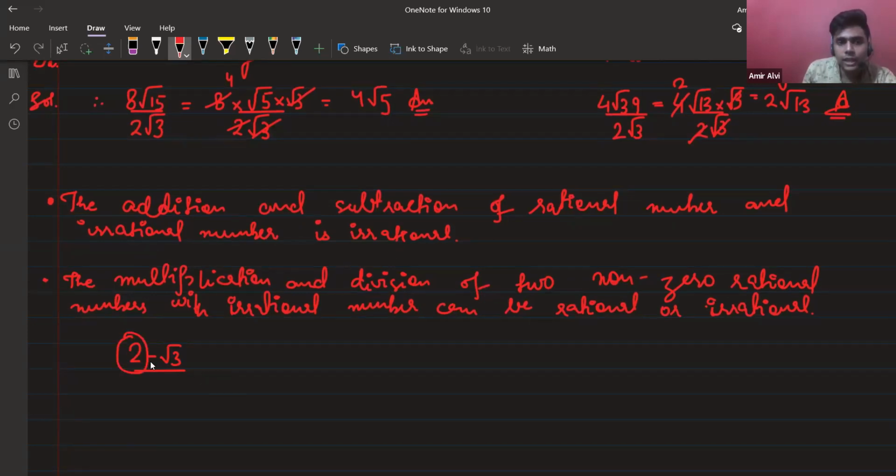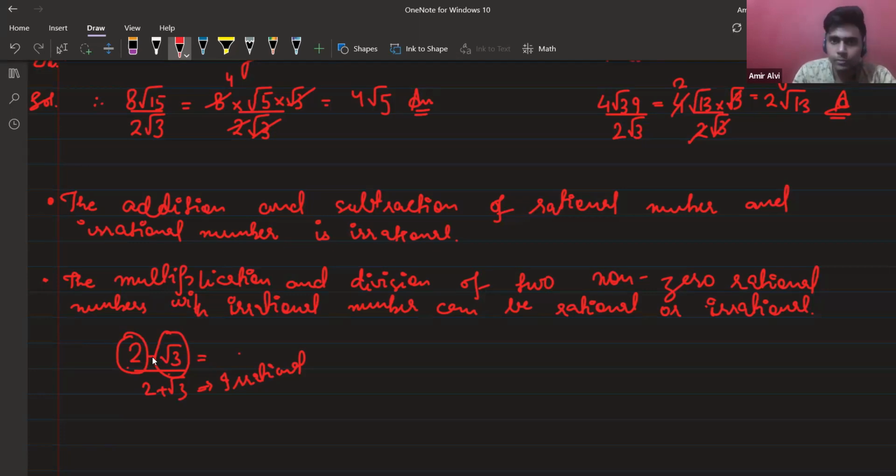Because root 3 is involved in this term. If you add 2 plus root 3, is it irrational or rational? Irrational, very good. So if you add or subtract a rational number with irrational number, basically the answer will be irrational always.